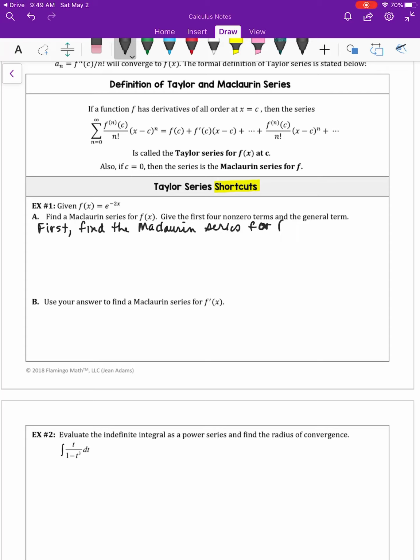First, we're going to find the Maclaurin series for f of x equals e to the x.